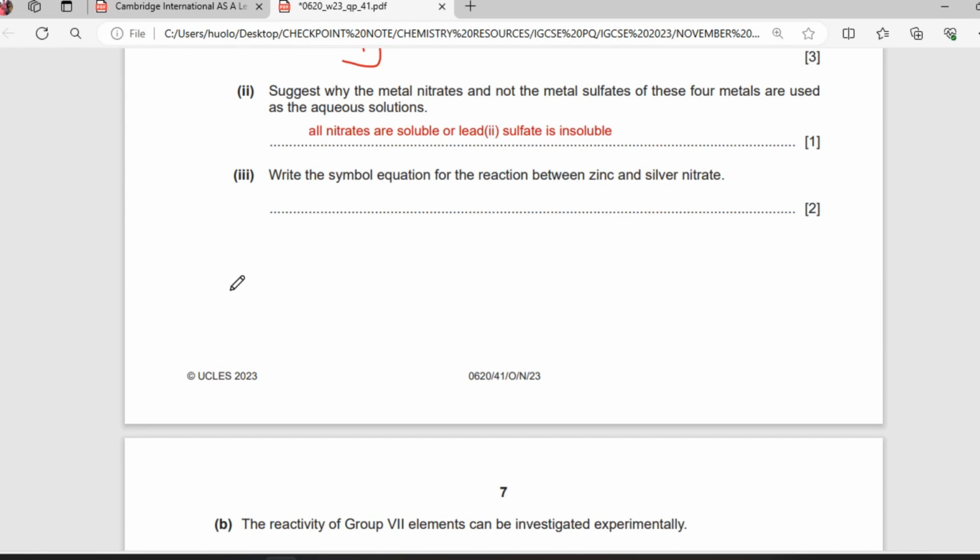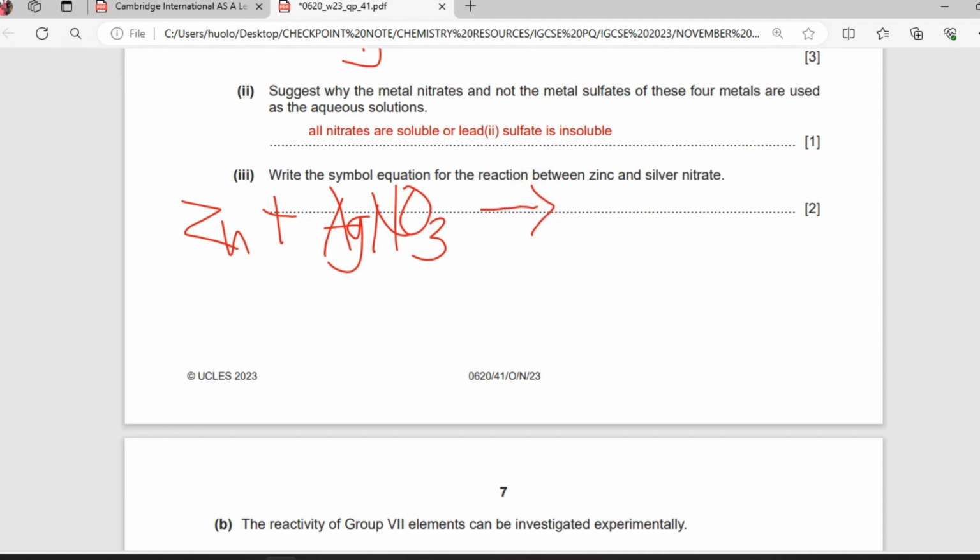So if you write zinc first and silver nitrate second, or silver nitrate first before zinc, it does not matter. All that matters is that the reactants and the products are correctly written.